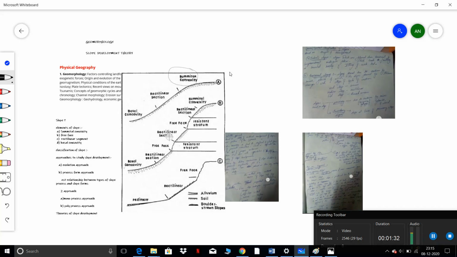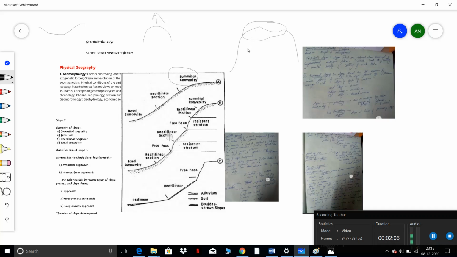Whenever a particular hill slope is developed due to endogenetic forces, and over a period of time it erodes, this portion of the hilltop will be converted into a convex region. A convex region is where the curved path points upward. If it were concave, it would have been like this. So this is a summital convexity.